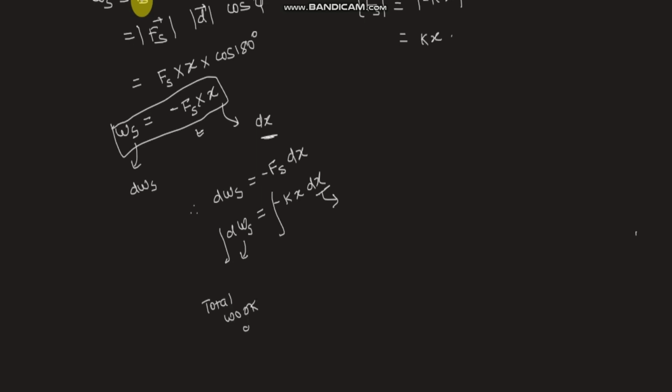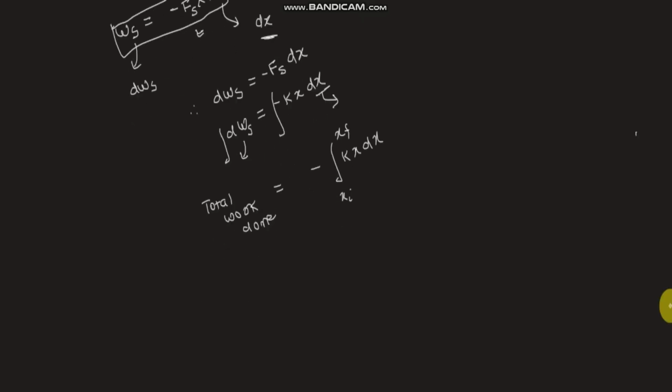So total work done by spring force will be equal to minus integration of kx dx from x initial to x final, and that comes out to be minus k x square by 2, from x initial to x final. It is equal to minus 1 by 2 k, x final square minus x initial square.